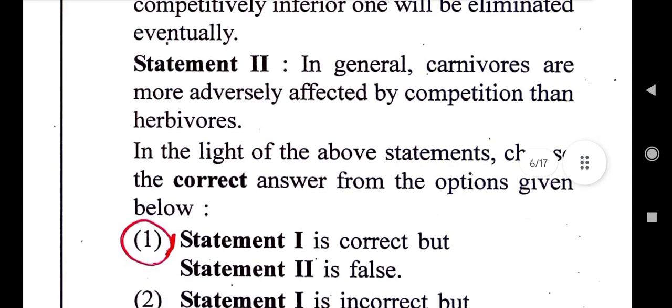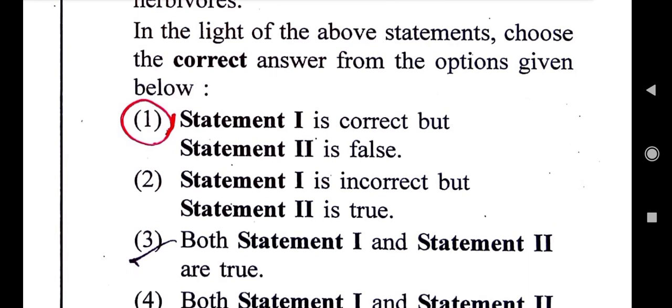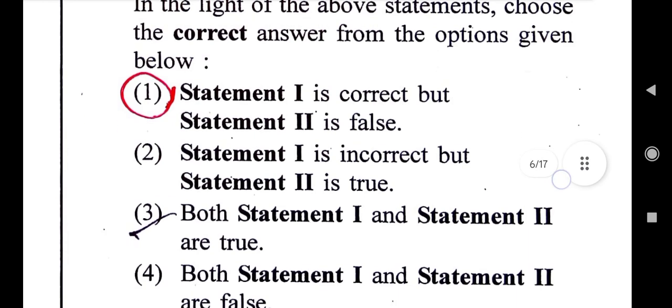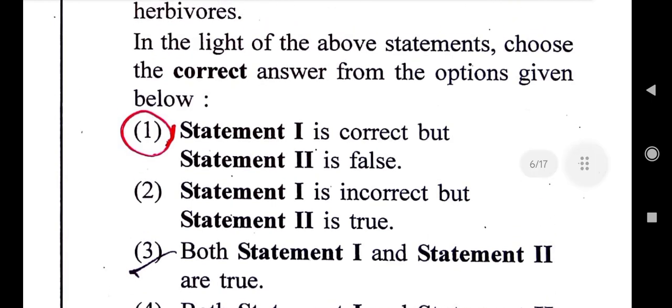In the light of the above statements, choose the correct answer. Option 1, statement 1 is correct but statement 2 is false. Option 2, statement 1 is incorrect but statement 2 is true. Option 3, both statements are true. Option 4, both statements are false. Option 1 is the correct option, dear students. Statement 1 is correct but statement 2 is false.